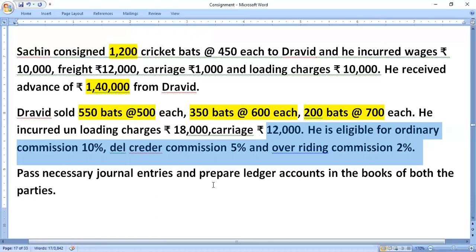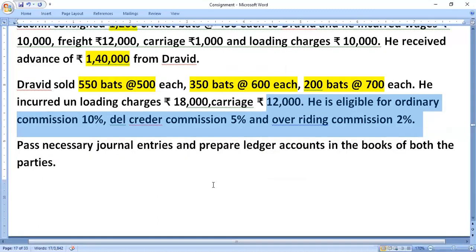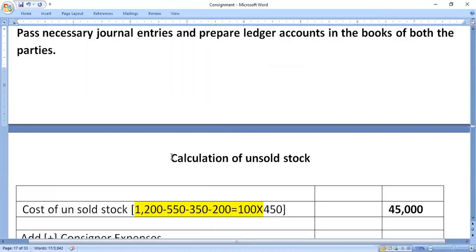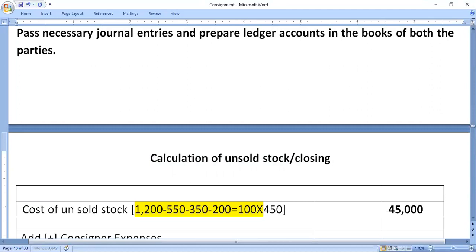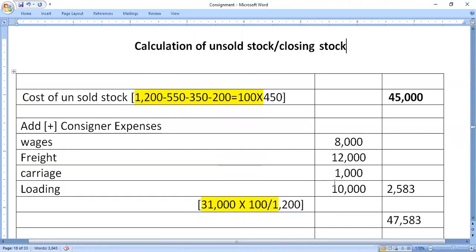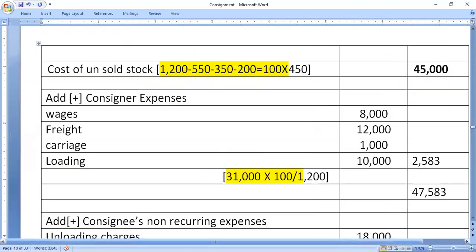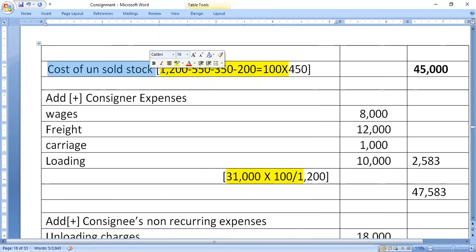First we are going to discuss the calculation of closing stock, or unsold stock. Closing stock is nothing but unsold stock. Under the calculation of closing stock, we take into consideration the cost of unsold stock. Total there are 1,200 bats.